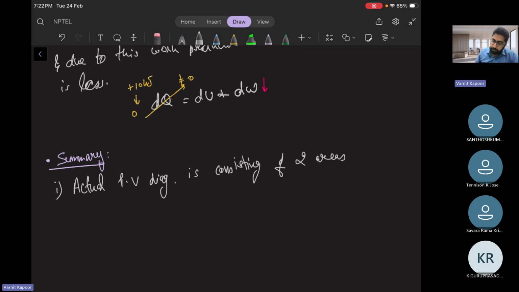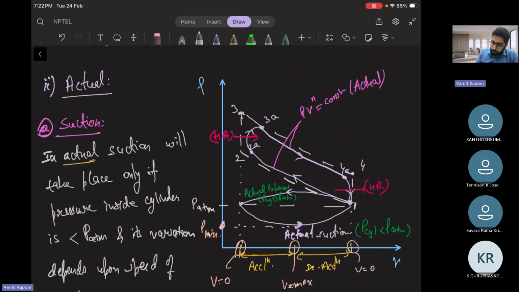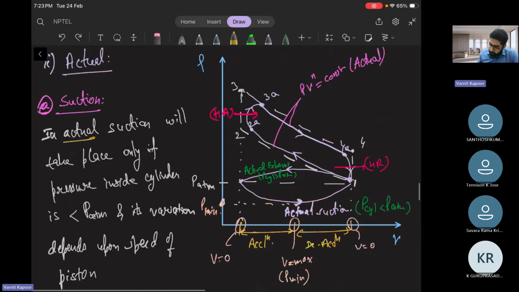One is the positive area. If you see this whole one, this is a positive area because it's a clockwise formation from this to this. Okay, clockwise formation is happening. And the other is a negative area, where an anti-clockwise formation is happening. Okay, so this is a negative area.